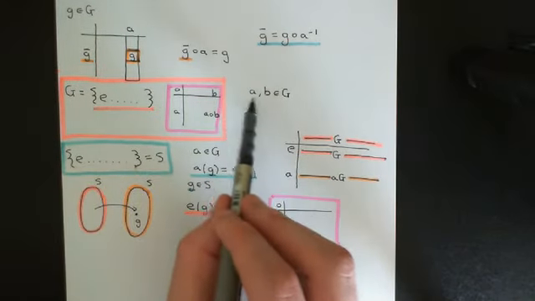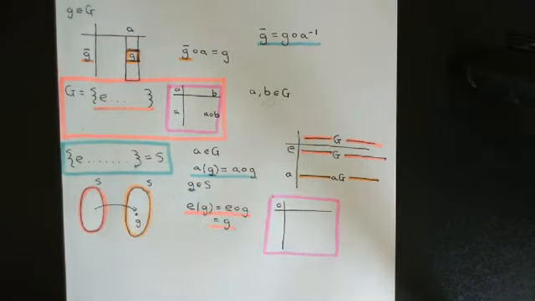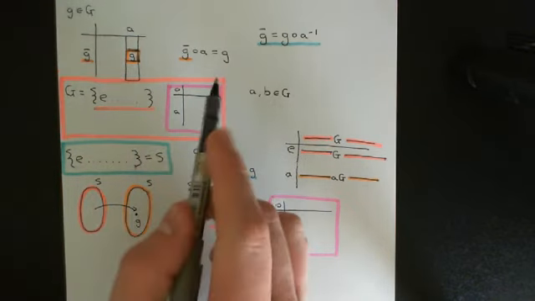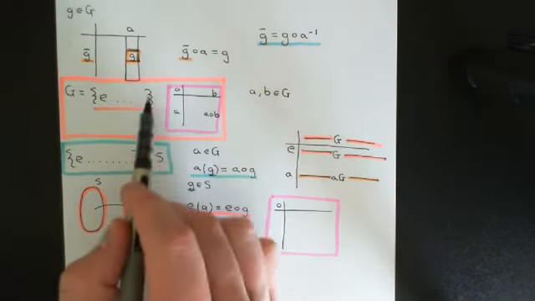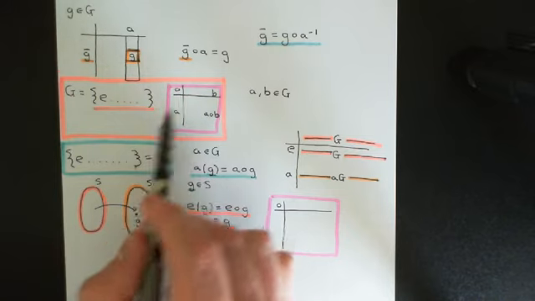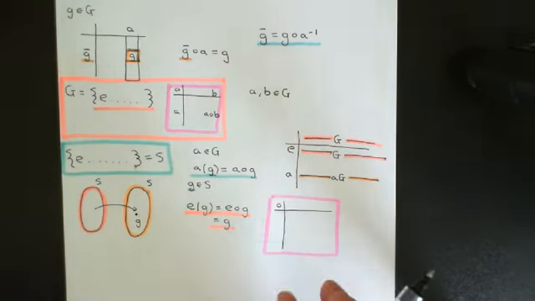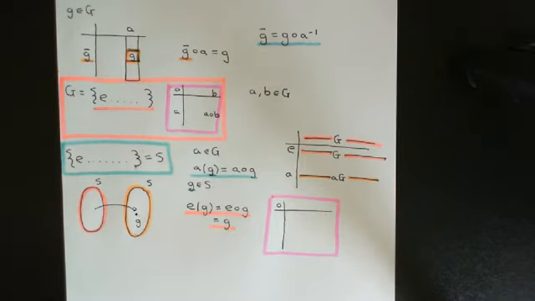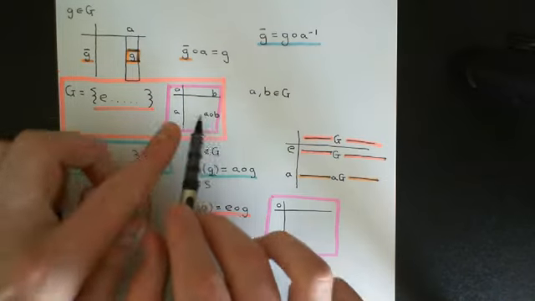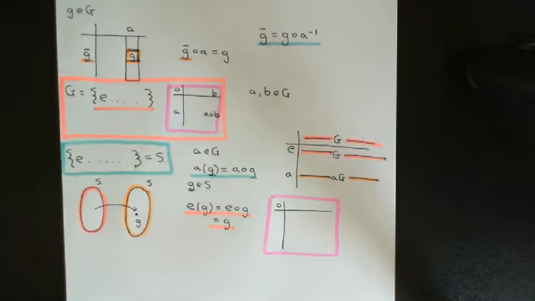And I'm taking arbitrary elements, little a and little b, of the group. This is how I'm going to prove that it holds true for all compositions in here: by taking an arbitrary one, proving that it's true for an arbitrary one, and therefore saying that this holds true for all of them. So I've taken two arbitrary elements in my group, and I've got this entry in the composition table, which is little a composed with little b.